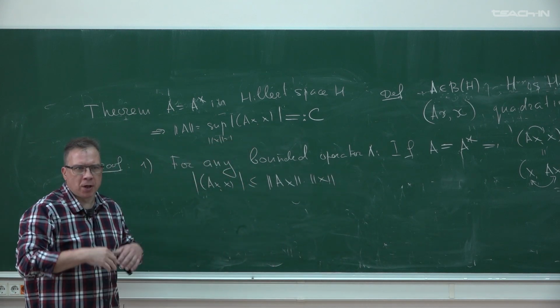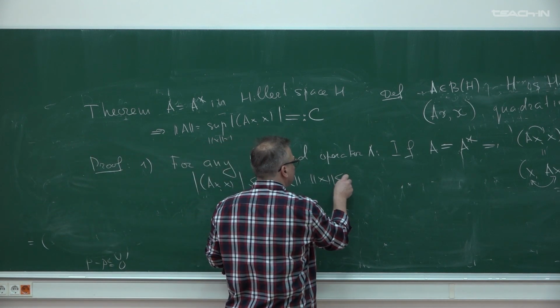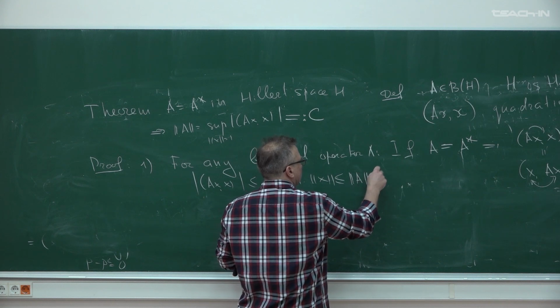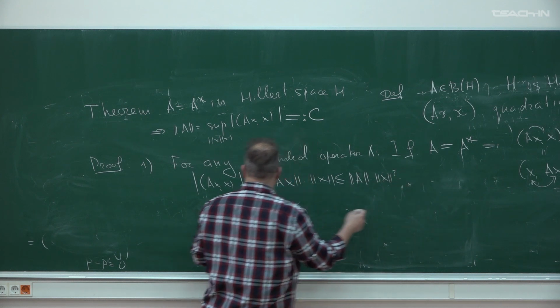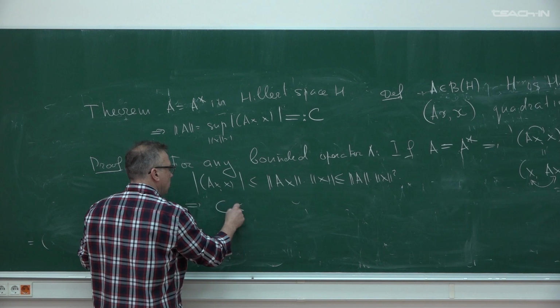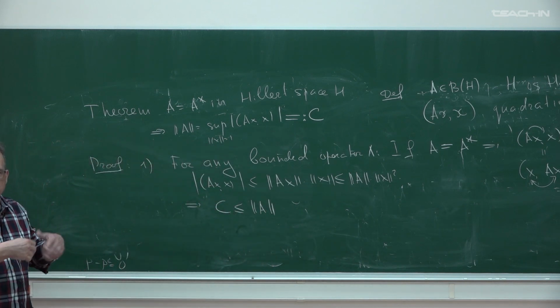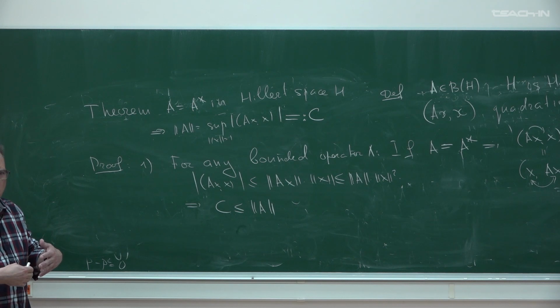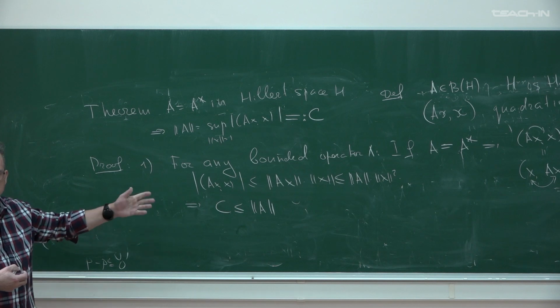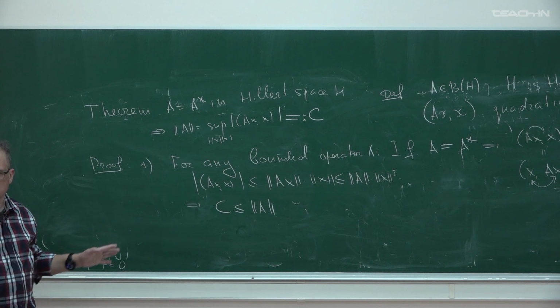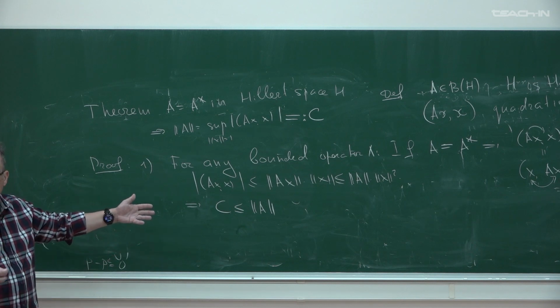Cauchy-Bunyakovsky inequality and then the multiplicative inequality. And we immediately obtain that C, yes, we take the supremum over x with unit norm and we obtain this inequality. So you see we have no self-adjointness. We need no self-adjointness in this inequality.